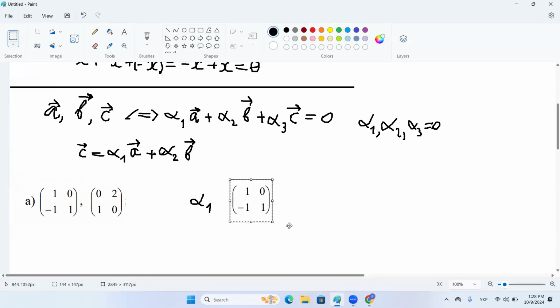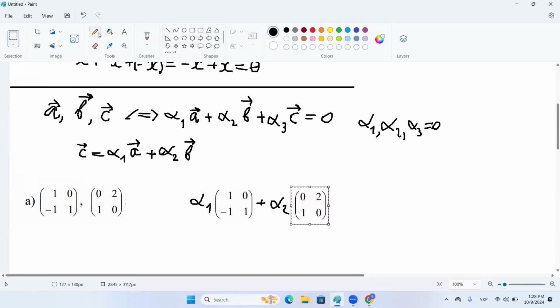So we need to find such alpha elements for which such a condition is true, and the result must be the zero matrix. So it will look like this.